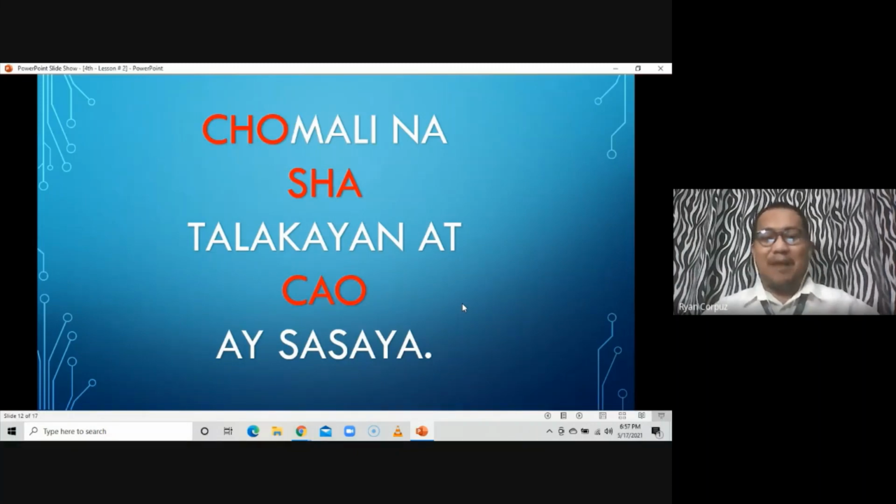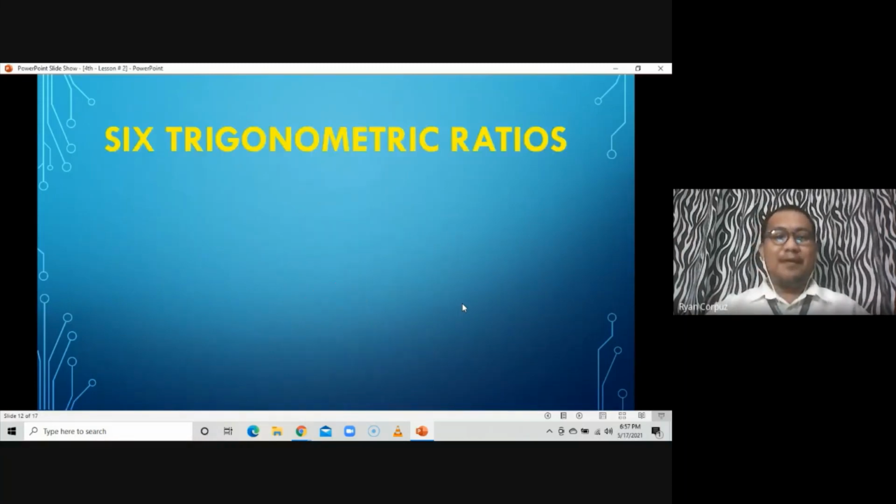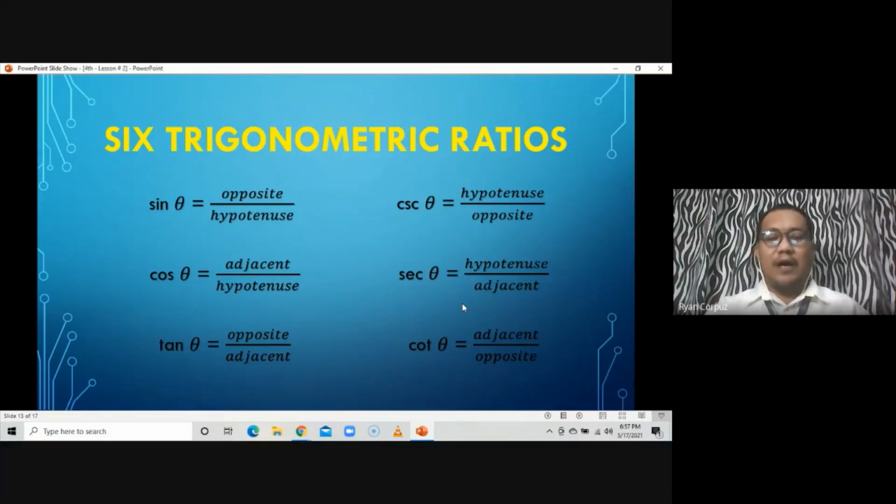They even have a knock-knock. So, to sum it up, the six trigonometric ratios are, first, Sokatowa, while the last three are Choshakaw. That's all we need to remember: Sokatowa and Choshakaw.